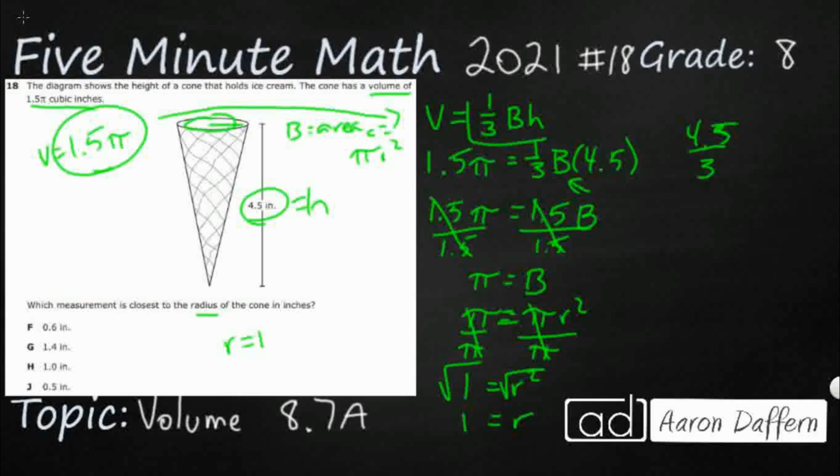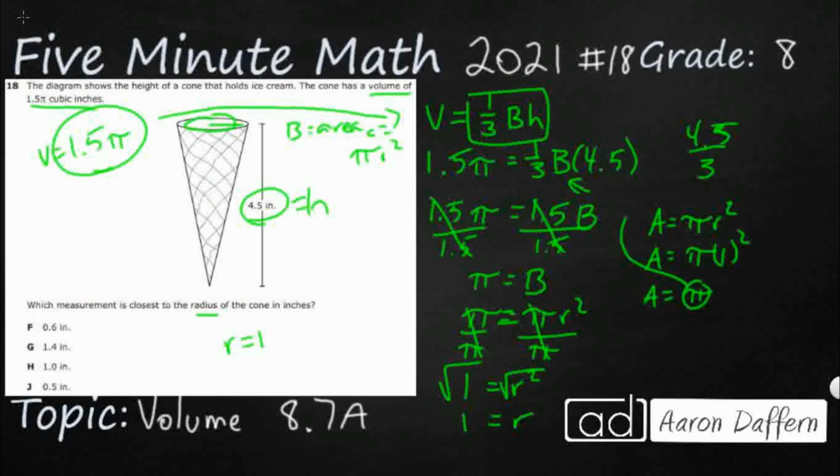Volume equals 1/3 base times height. Okay, so let's figure out my base, right? So my area equals pi r squared. And so if I say my r equals 1, that's pi times 1 squared. So that's just 1. So yeah, my area is going to equal pi.